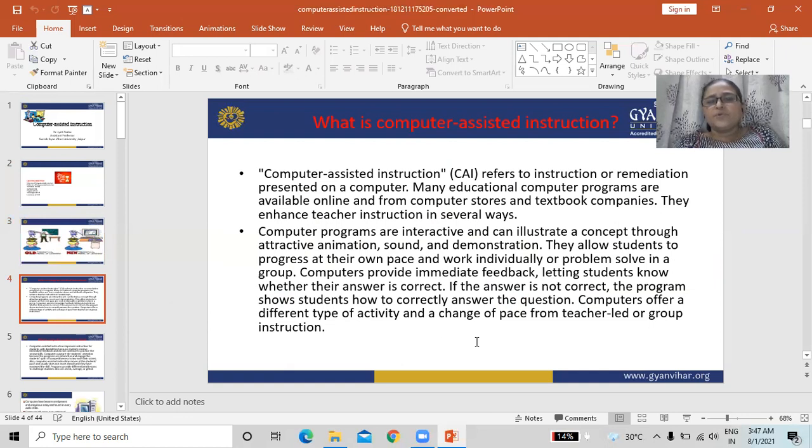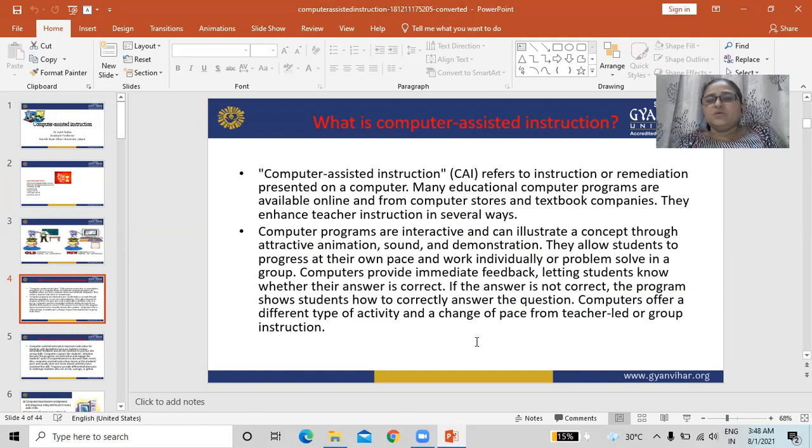What is computer assisted instruction? Computer assisted instruction, CAI in short form, refers to instruction or remediation presented on computer.